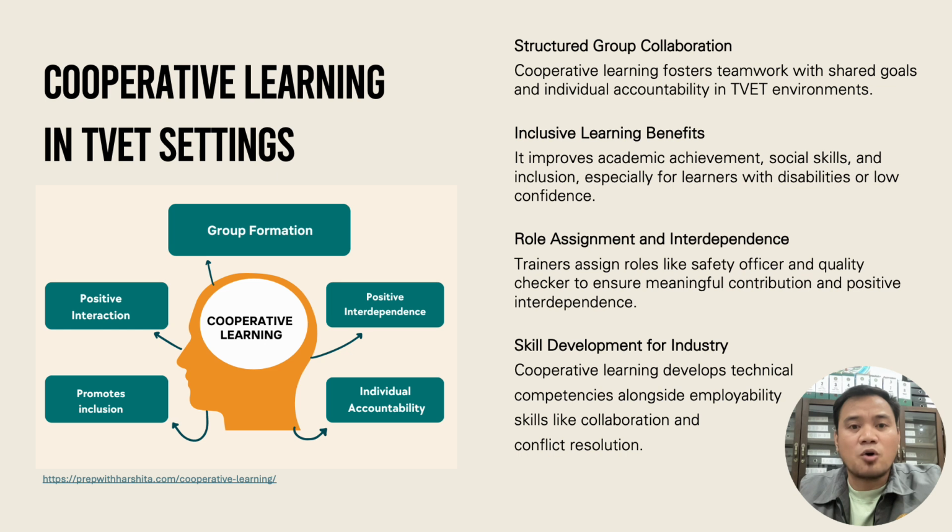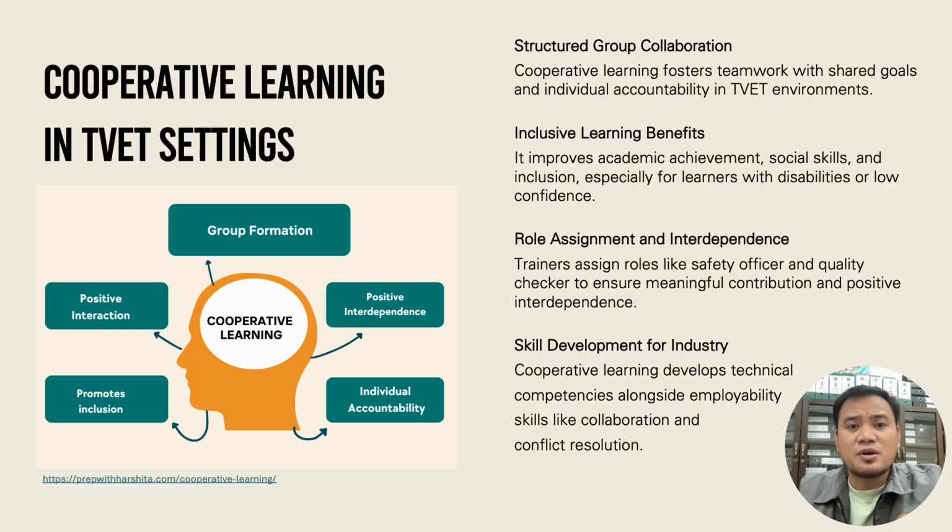For inclusive TVET, cooperative learning helps reduce isolation by fostering peer support and mutual respect. Trainers play a crucial role in structuring groups, assigning roles, and ensuring positive interdependence so that all members contribute meaningfully.